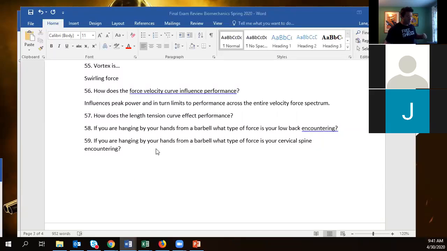Yeah, no worries. Now, the length tension curve is going to be the fact that our muscles are going to produce an optimal amount of force at a certain percentage of the resting length. So our muscles are going to be stronger typically in the midpoint of the range of motion, and they're going to be weakest in the most extended position.